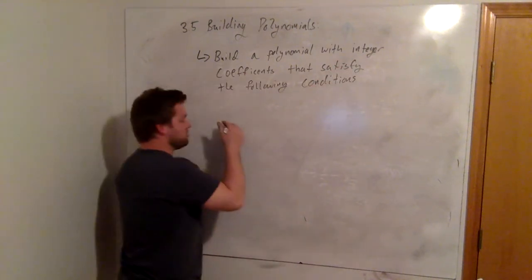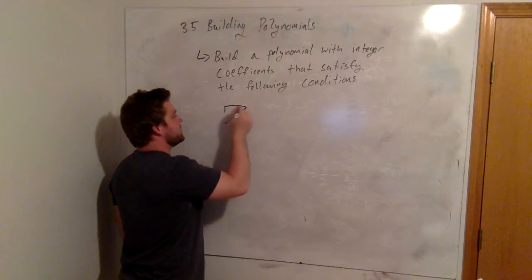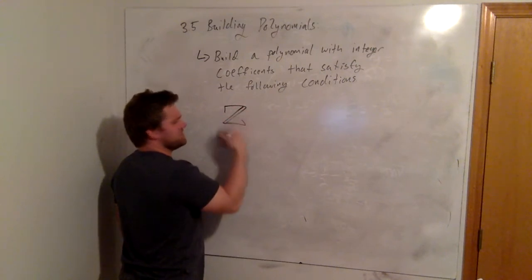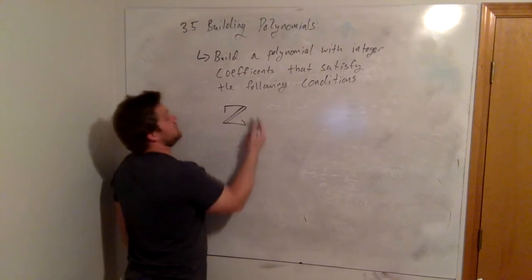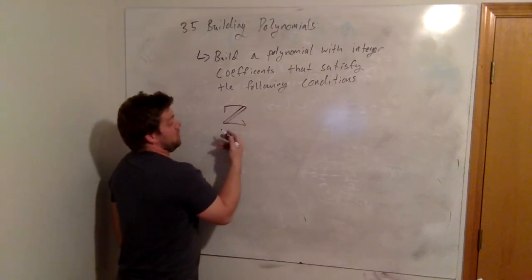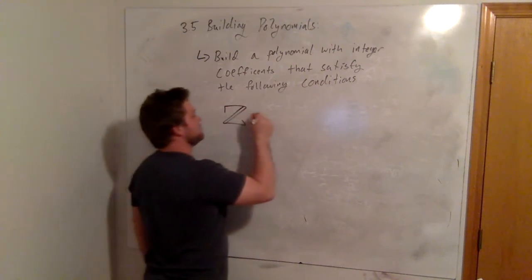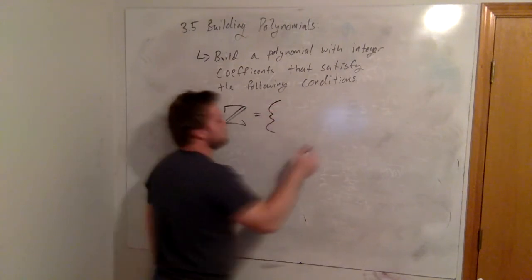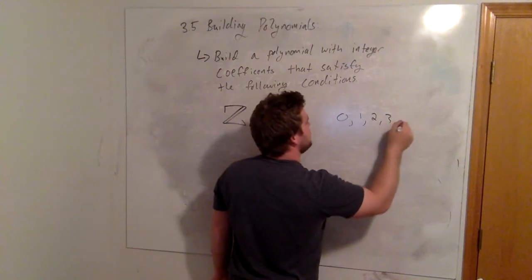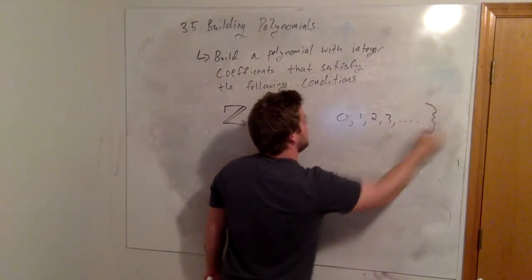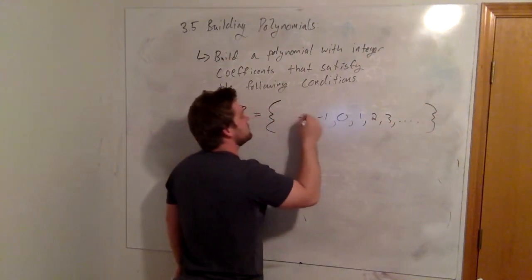So the integers, sometimes there's this blackboard font Z, and this blackboard font Z represents the set of integers. So what are integers? Integers are all the whole numbers, so 1, 2, 3, 4, and so on, and their negatives.